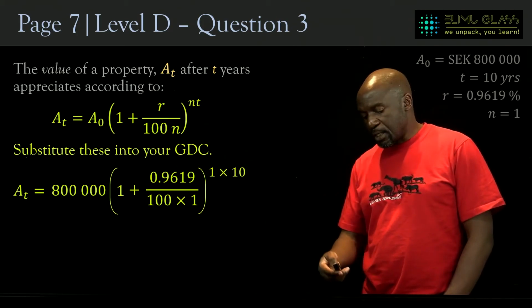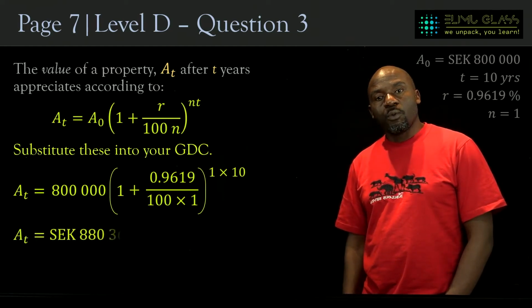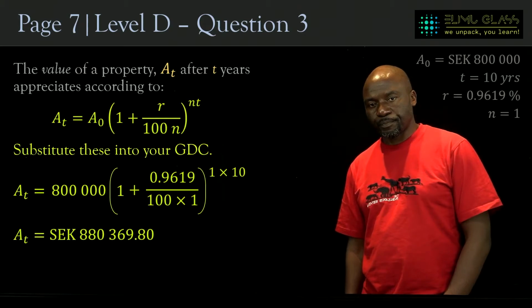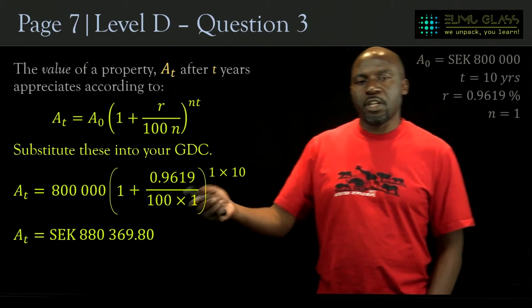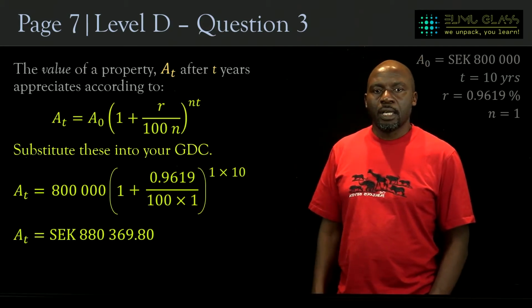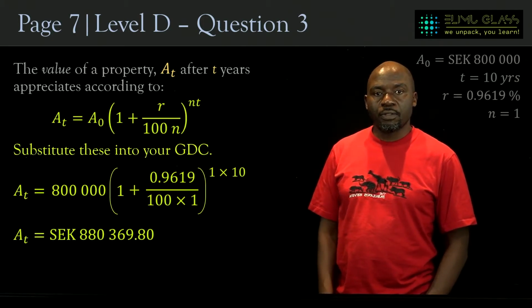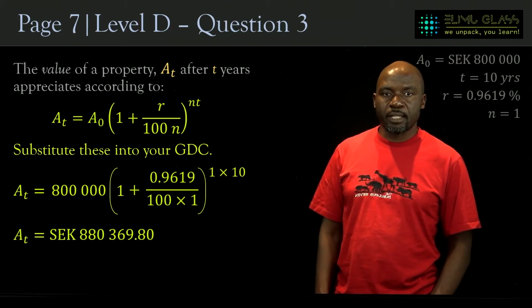So if you enter that into your calculator and solve it, we get a value of 880,369.80 krona. Okay, so there is an appreciation of about 80,369 krona, 370 krona. That is the interest or the appreciation.